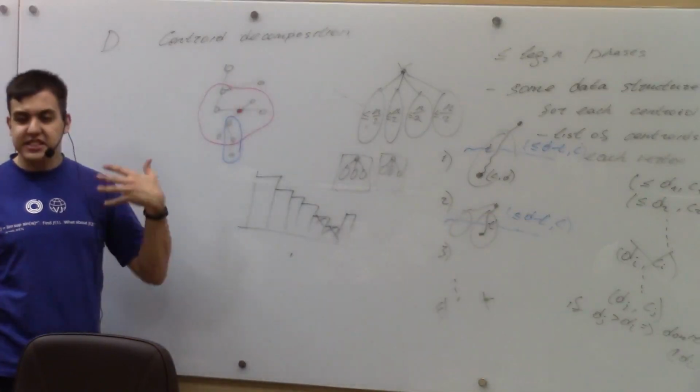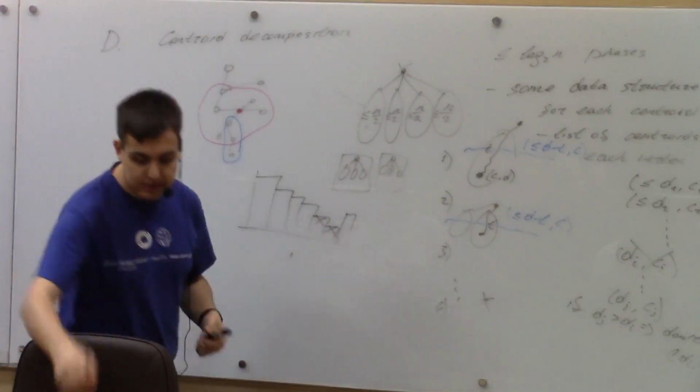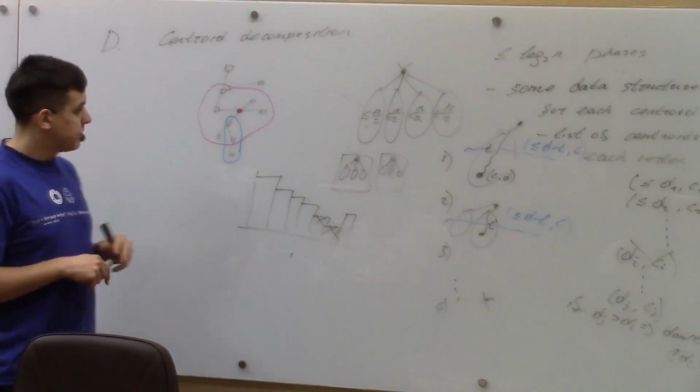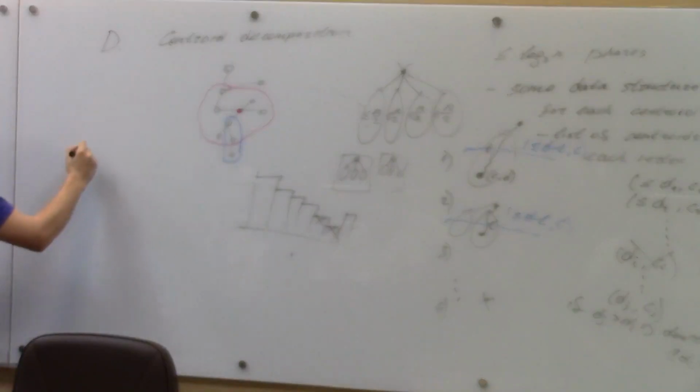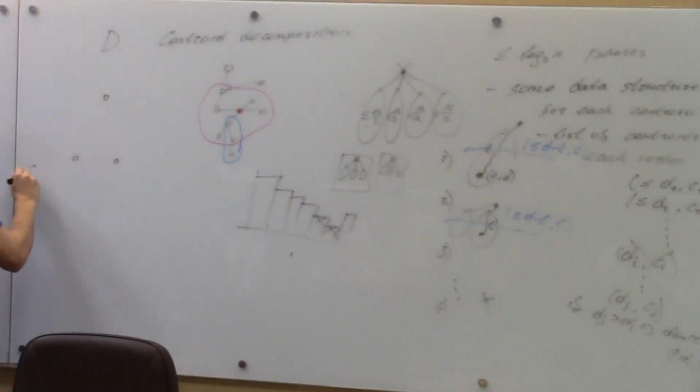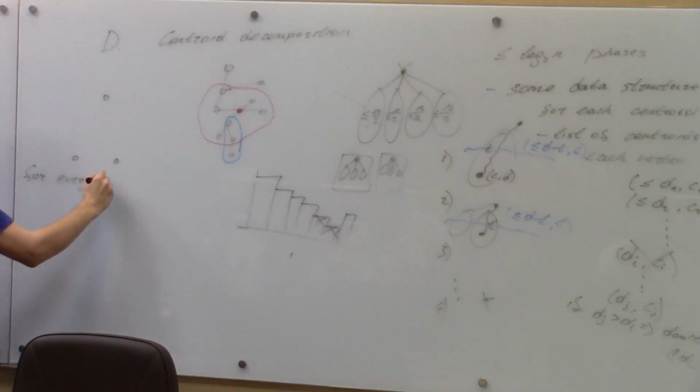Well, why does this cover all the vertices that we need? This will cover every vertex, since every two vertices, u and v, have a common centroid.